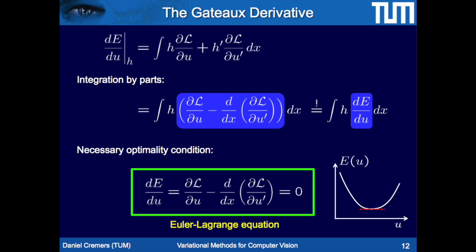And this is called the Euler-Lagrange equation. For those who have not heard it, maybe some of you have heard it, I don't know. The Euler-Lagrange equation is a core ingredient in variational methods. This is the extremality condition for this functional calculus.